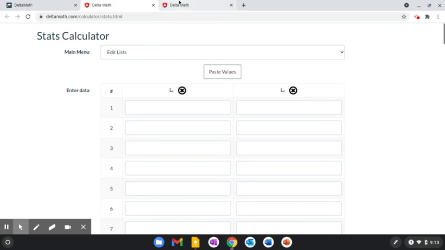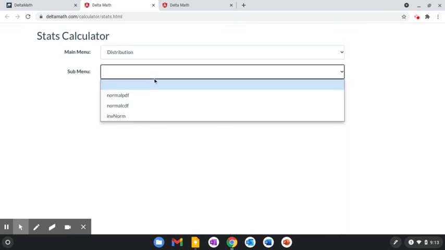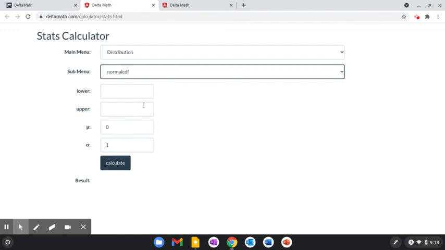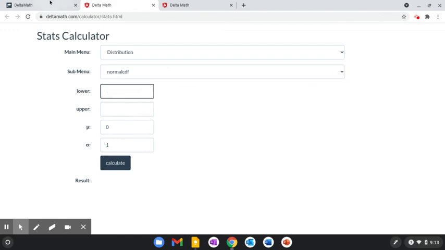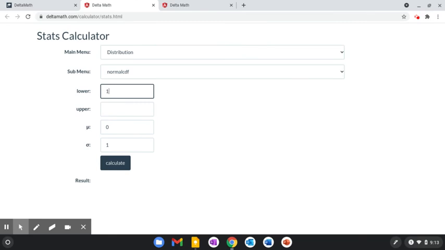All right, so let's go ahead and type this into our calculator on here. We already have it open from the previous one, but I'll show you again how to get there. We'll click on the drop down, go to distribution. Submenu is normal CDF. Our lower, flip back, was 137. Our upper, again, we're just going to type a bunch of 9s. Should be plenty.